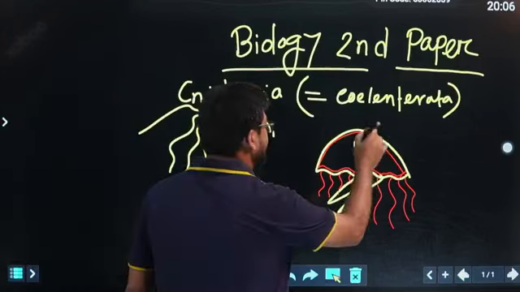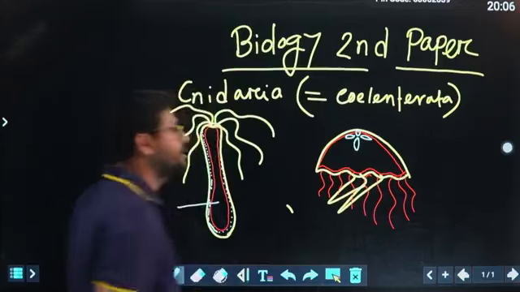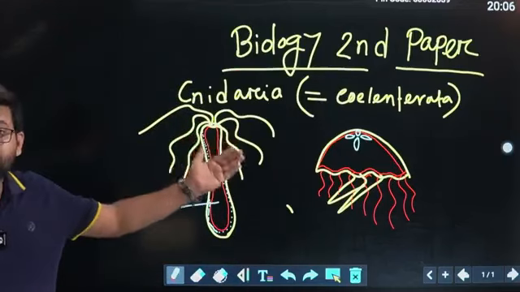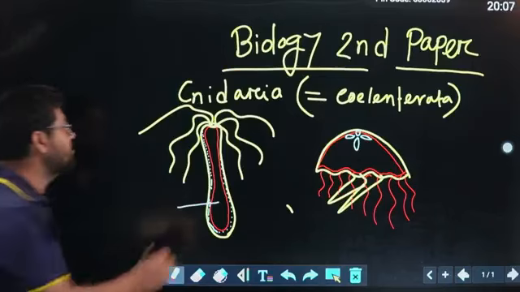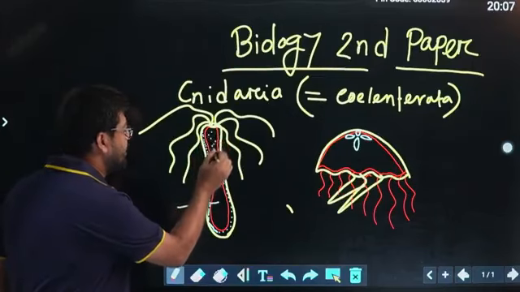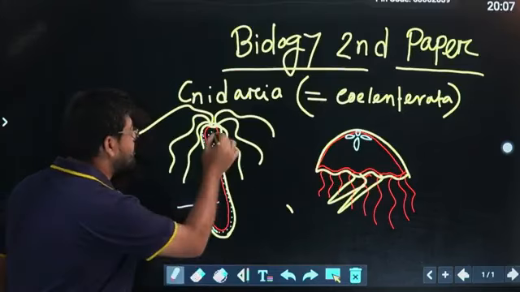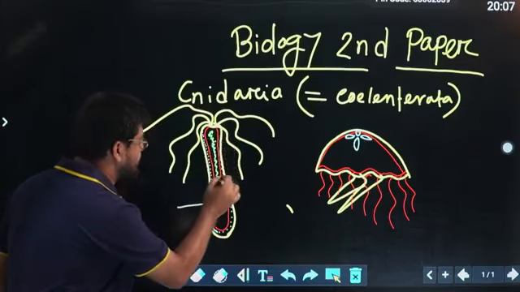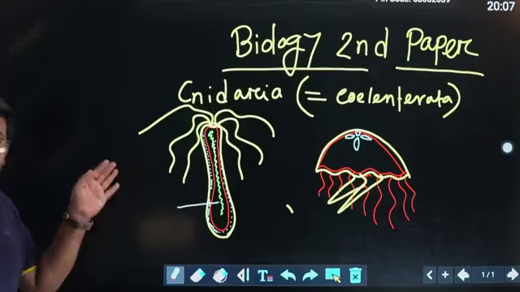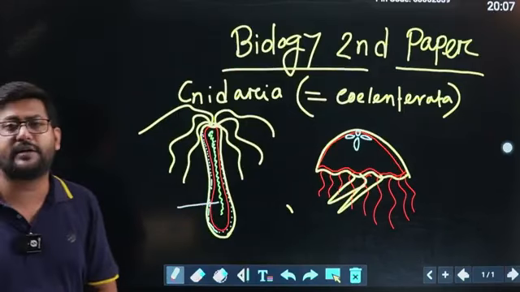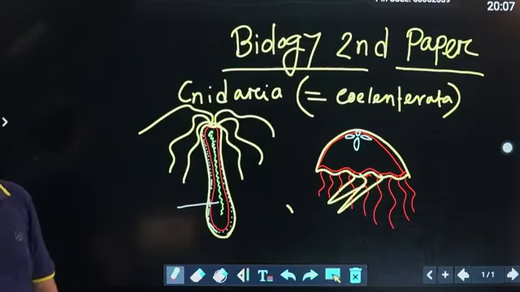Look, here I am giving some structure, and these are the gonads. The gonads can be seen from the outer side, and when this animal eats something like algae, the algae can also be seen from outside. That is why they have some green structure in their cavity, and the animals sometimes show color according to the food in their cavity.